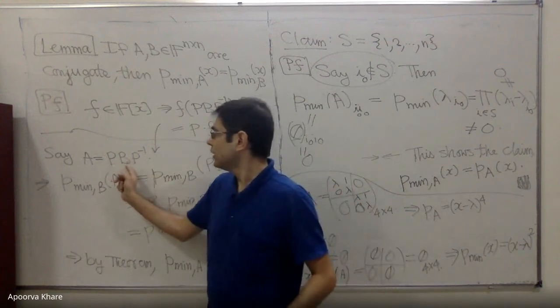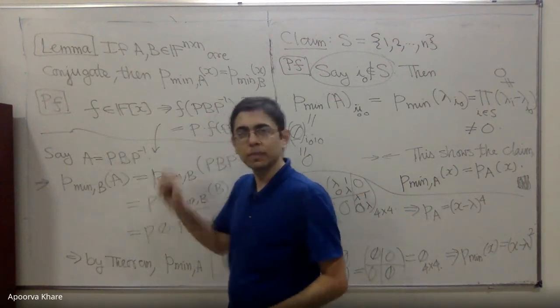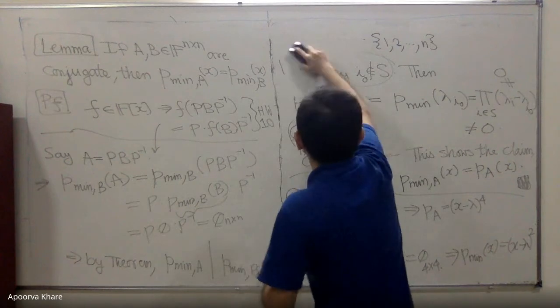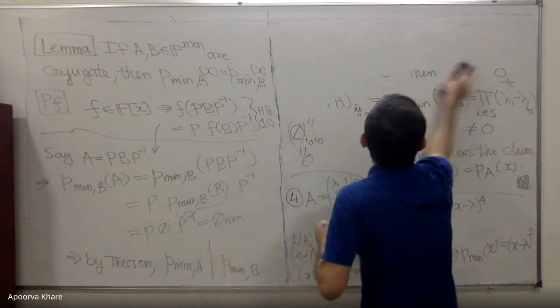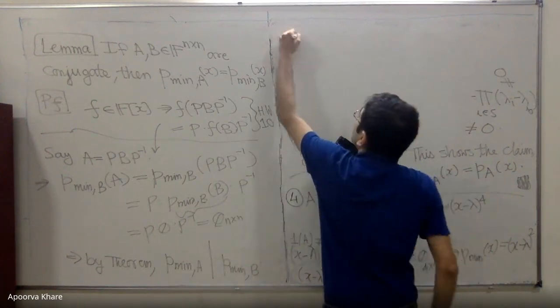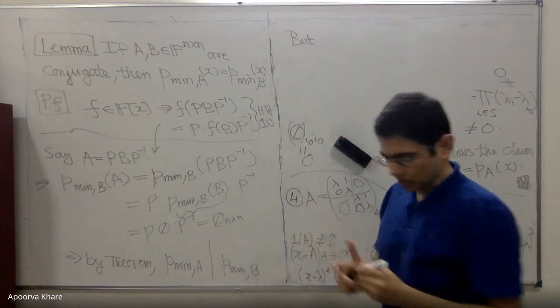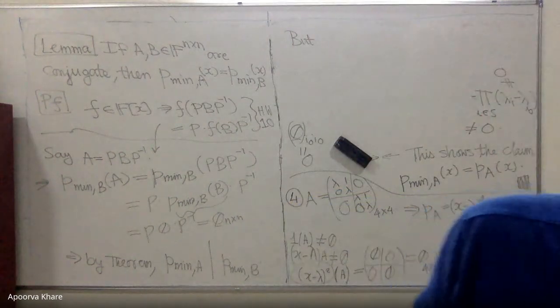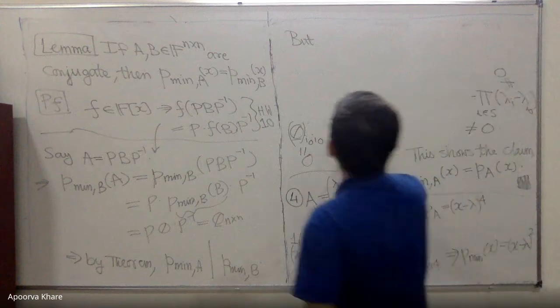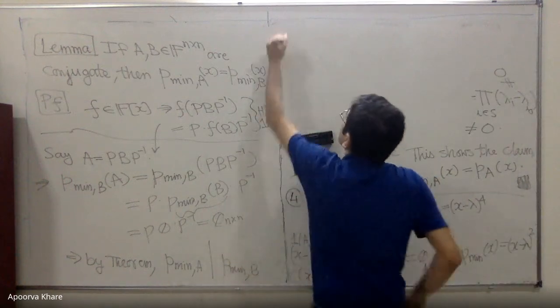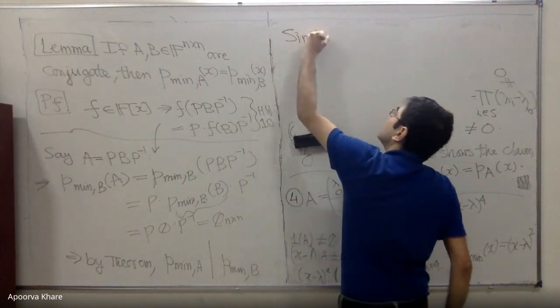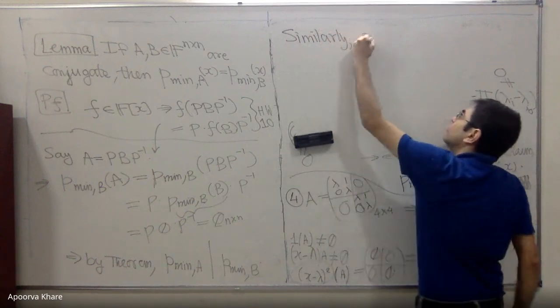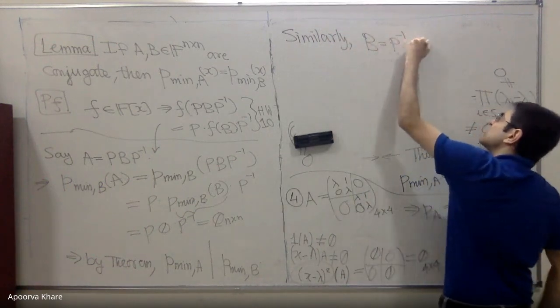You can say that B equals P inverse times A times P. So similarly, B equals P inverse times A times P.